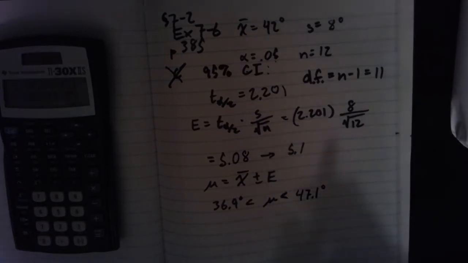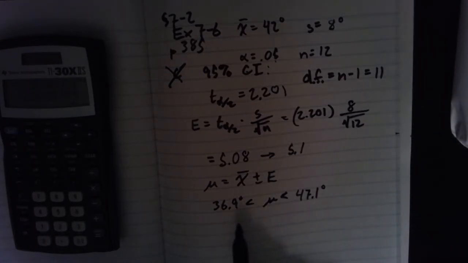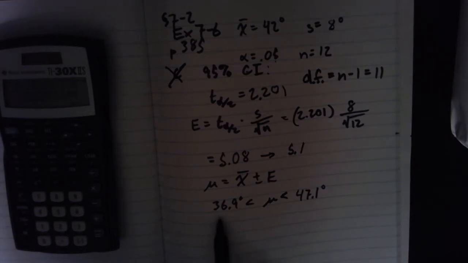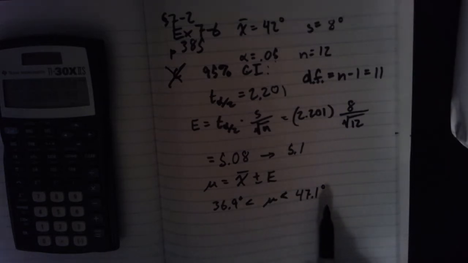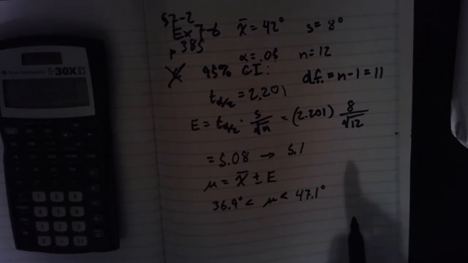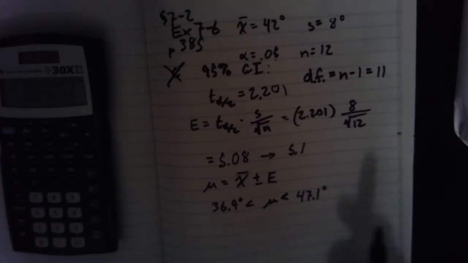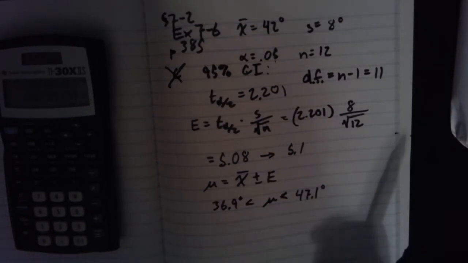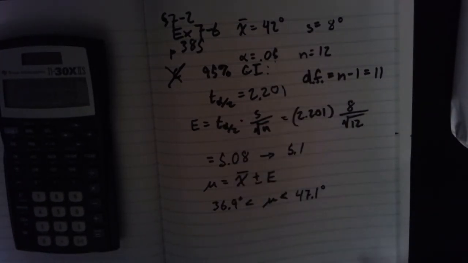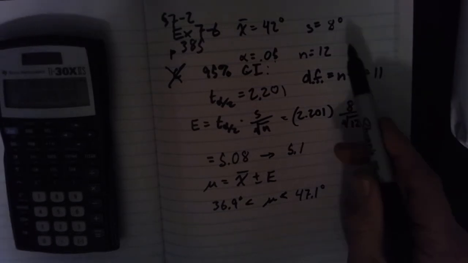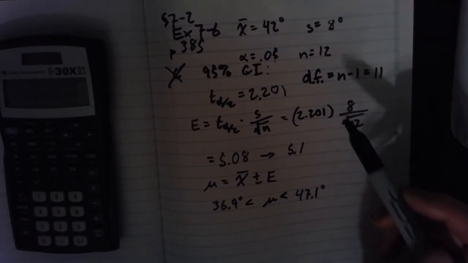All right, so the 95% confidence interval for the high temperature on Thanksgiving Day is going to be between 36.9 degrees and 47.1 degrees Fahrenheit, based on this sample size of 12, their sample average being 42, and their sample standard deviation being 8.